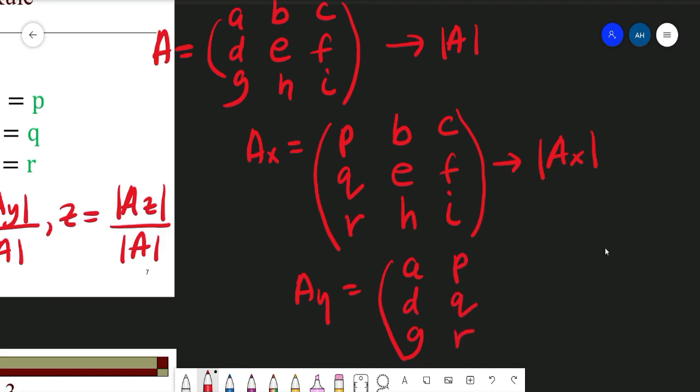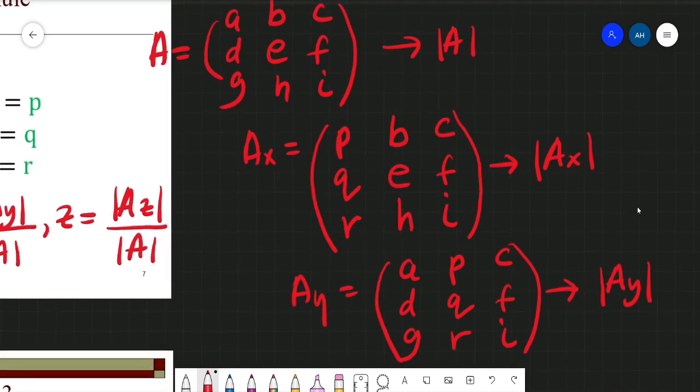Now the third column is still the same. That is C, and then we have F, and then we have I. This is matrix AY. From this matrix, we can find the determinant of matrix AY. I hope you understand what I mean. All right, up to this stage.